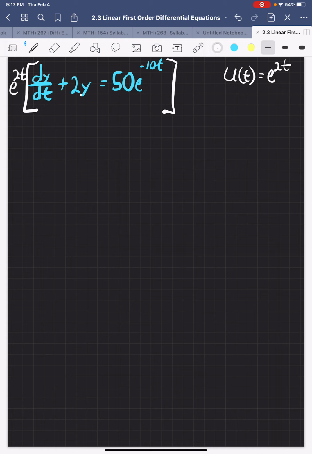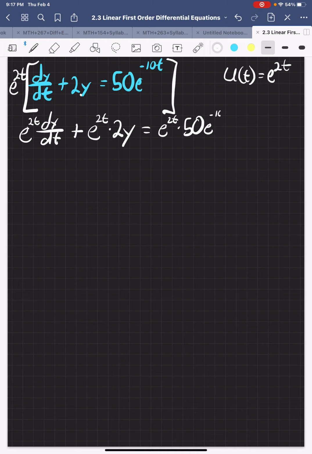So that's going to be e to the 2t dy/dt plus e to the 2t times 2y is equal to e to the 2t times 50e to the negative 10t.